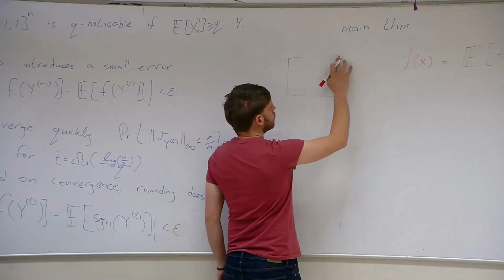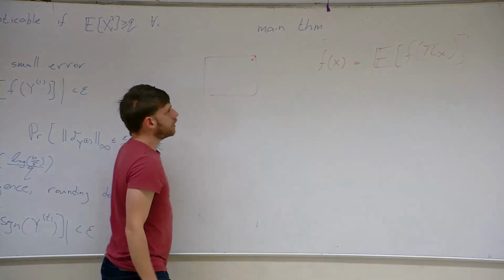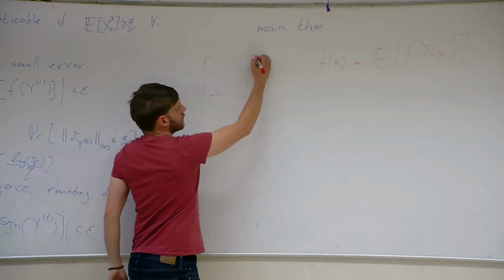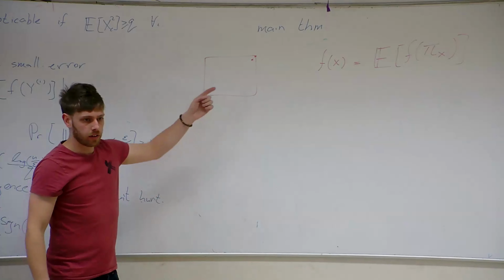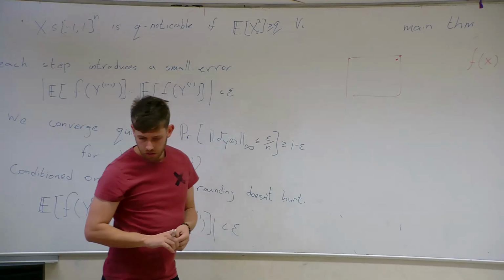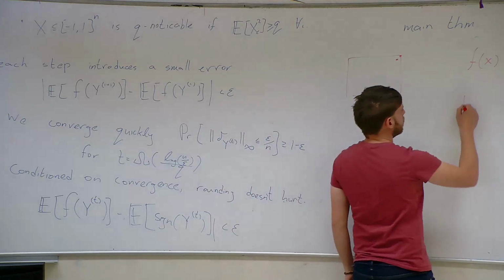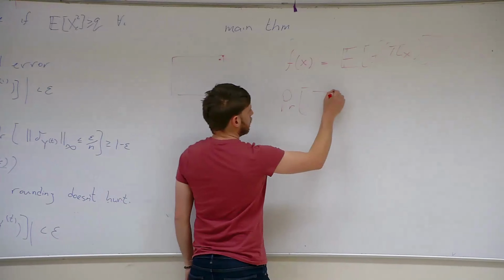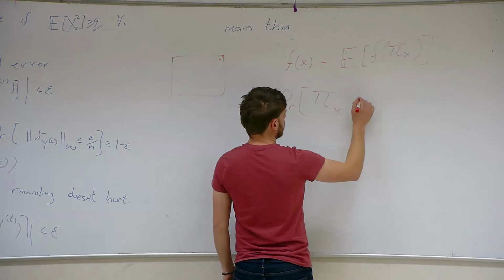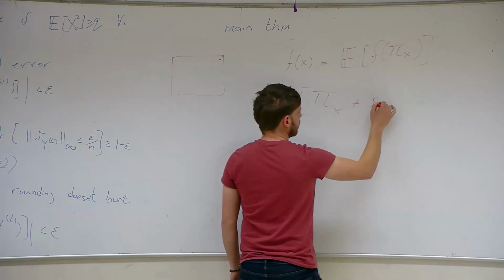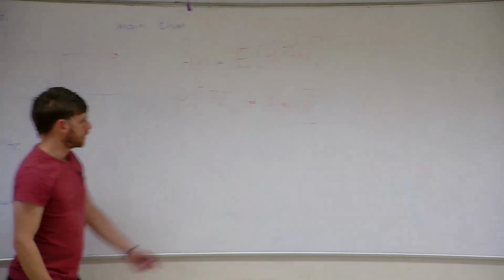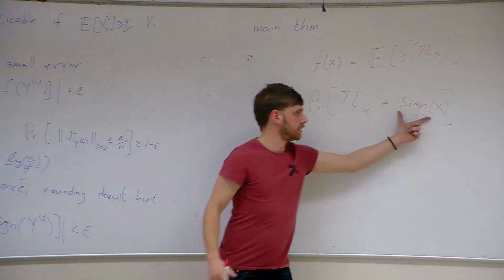So if we are in a point here, we can think of it as sampling from a distribution which picks the corner point, the relevant corner point, with very high probability, right? Okay, so what's the probability that pi x is not equal to the sign of x as a vector. Okay, so this one samples a vector and this one is a vector.